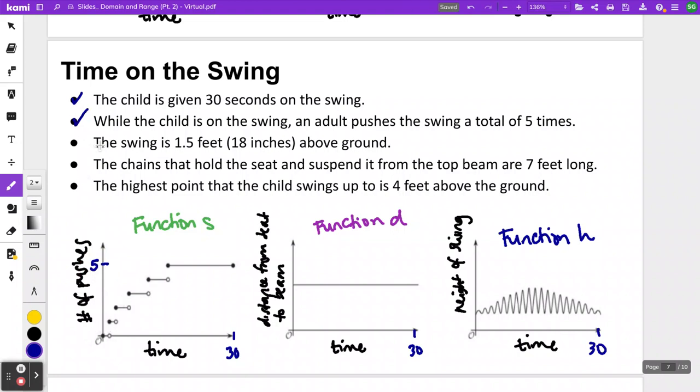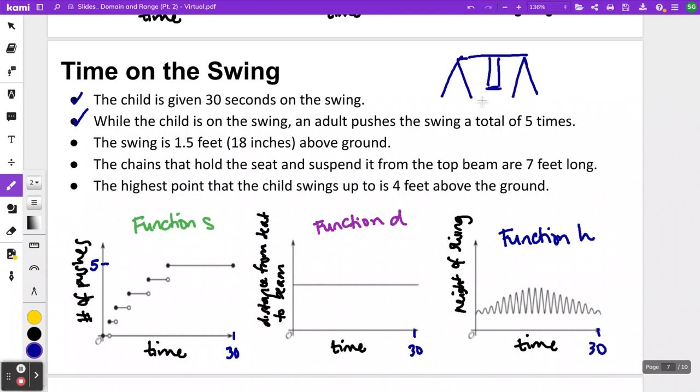For the next bullet point, we've got the swing is 1.5 feet above ground, or 18 inches. Since that's talking about the swing's height, that helps me know I must be looking at function h. And then if the swing is 1.5 feet above ground, I'm going to draw my sad picture of a swing set again.